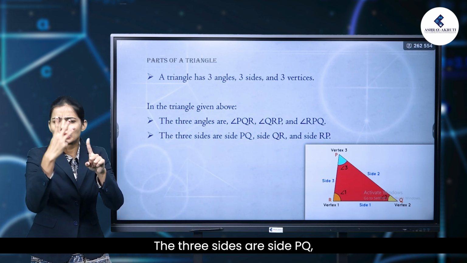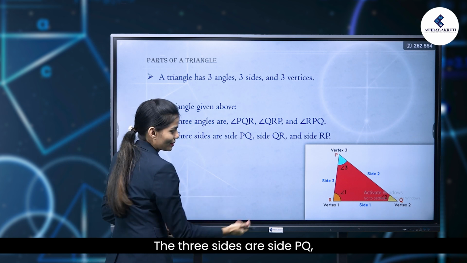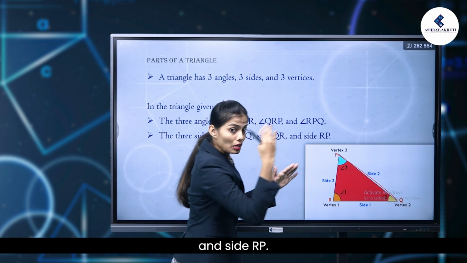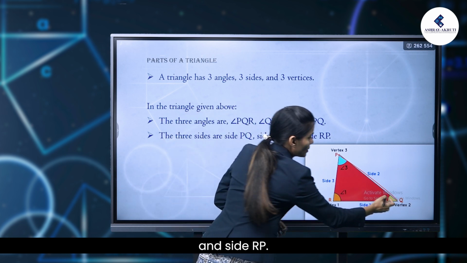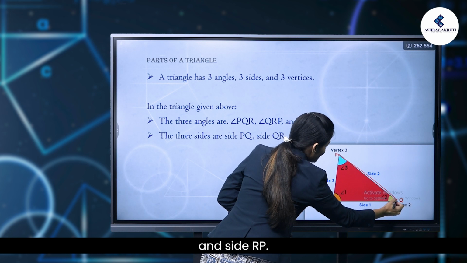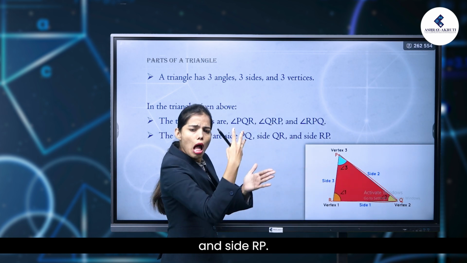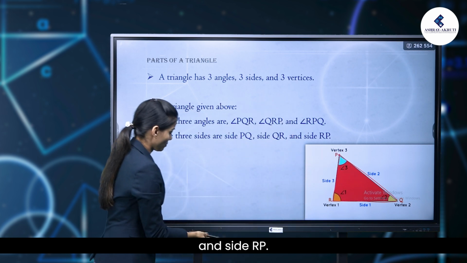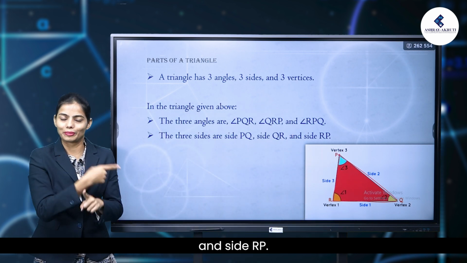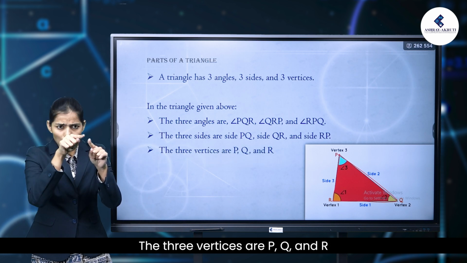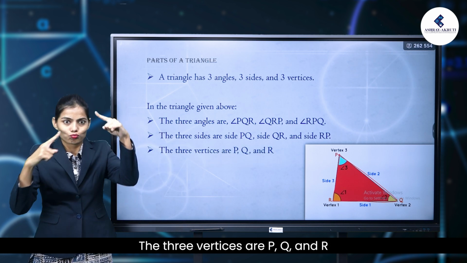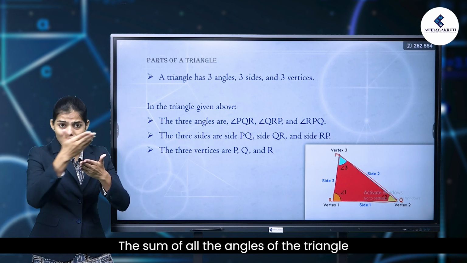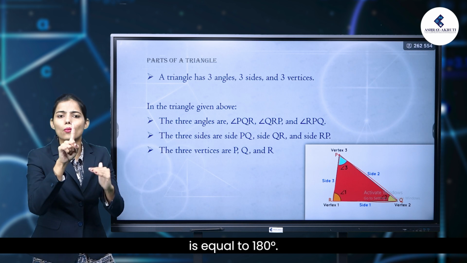The three sides are side PQ, side QR and side RP. The three vertices are P, Q and R. Note, the sum of all the angles of the triangle is equal to 180 degrees.